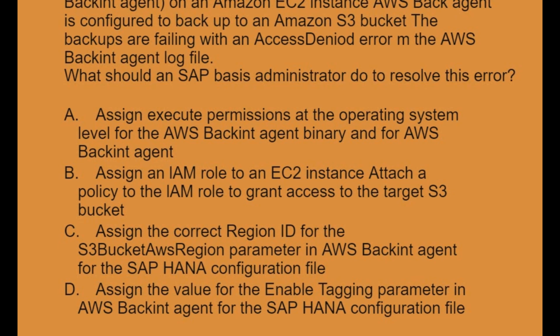Option C. Assign the correct region ID for the S3 bucket AWS region parameter in AWS backint agent or the SAP HANA configuration file. Option D. Assign the value for the enable tagging parameter in AWS backint agent for the SAP HANA configuration file.